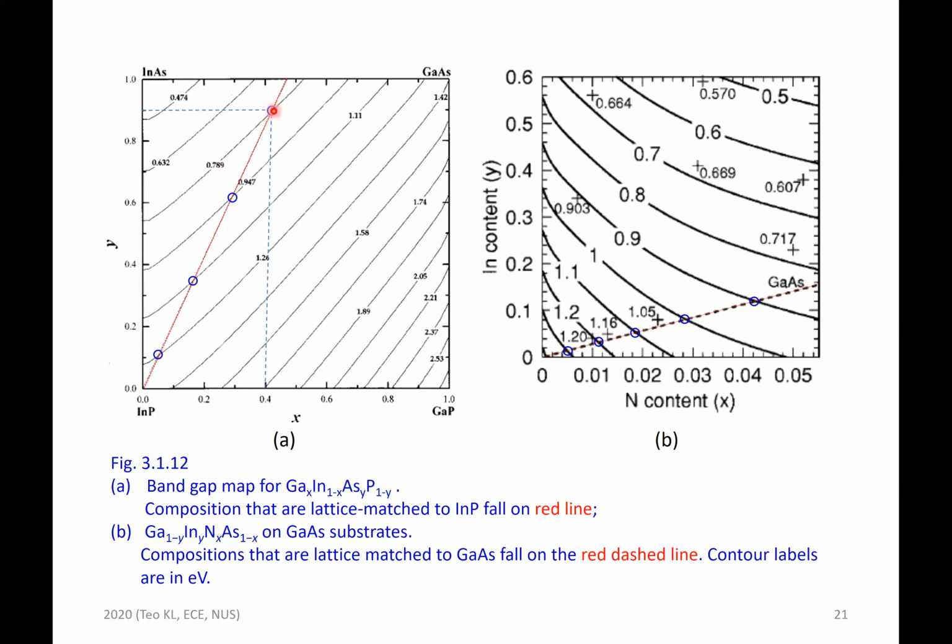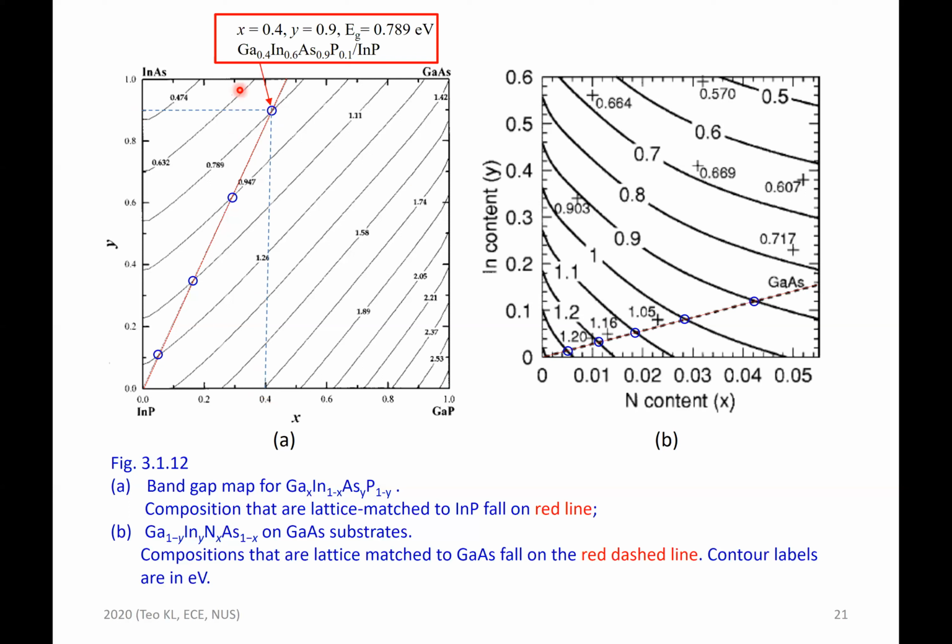This is basically to say that I can grow gallium indium arsenide phosphide with composition of x of 0.4 and y of 0.9, lattice matched to indium phosphide substrate.